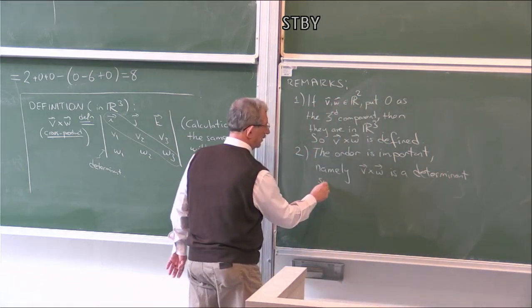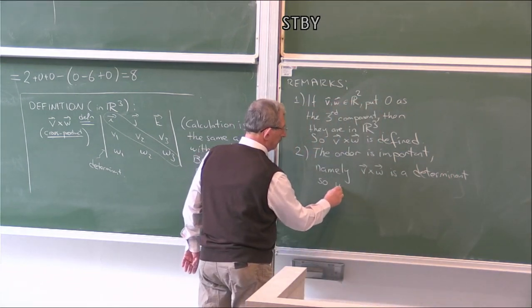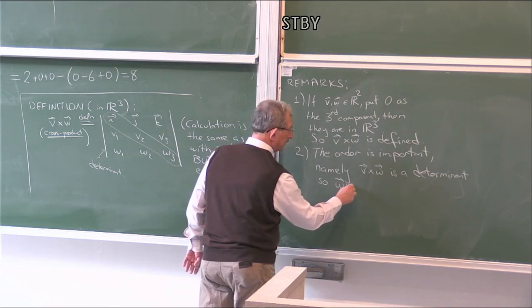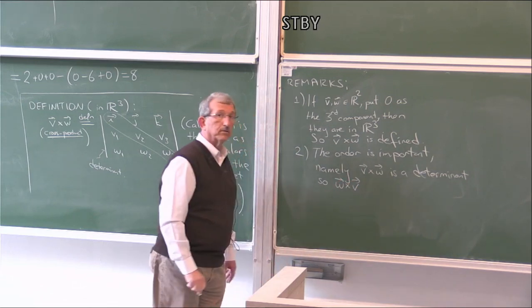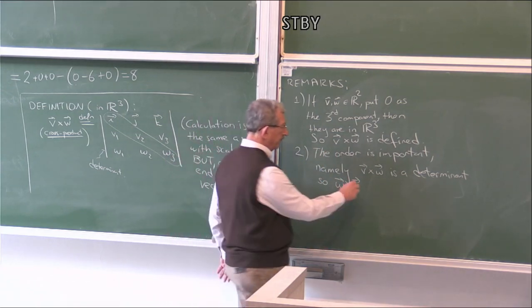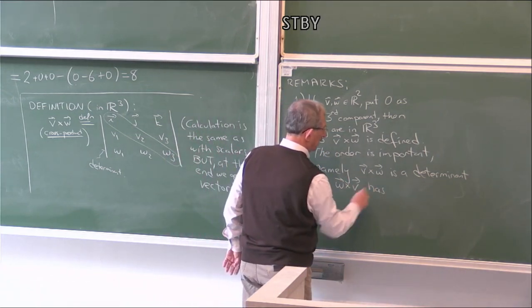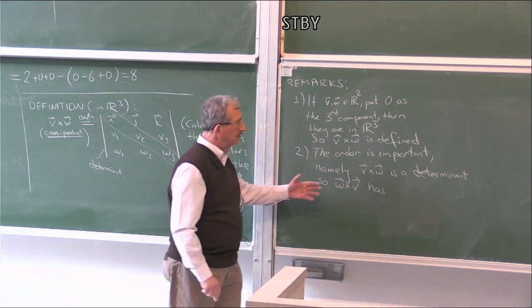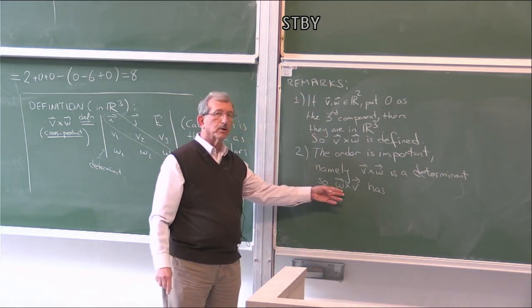So if we change the order, namely W cross V, then the determinant will be multiplied by -1.